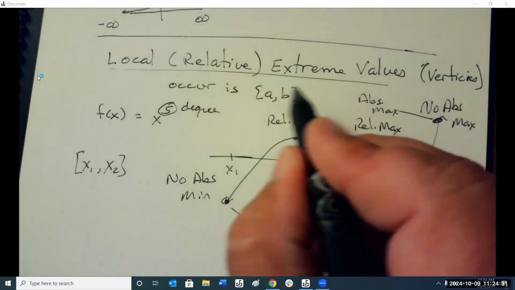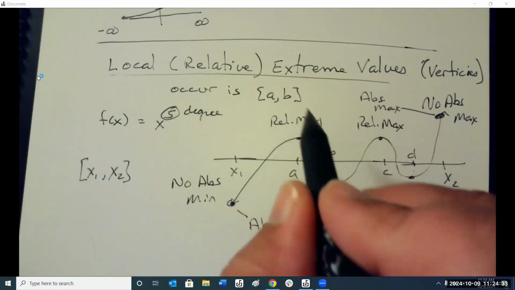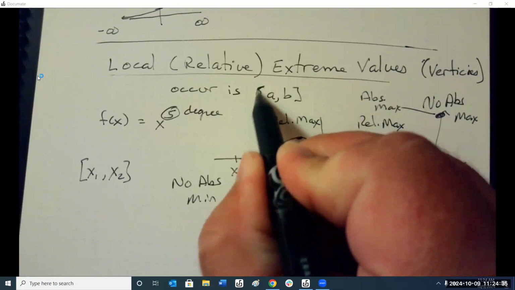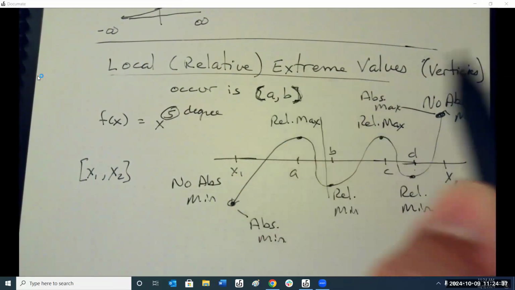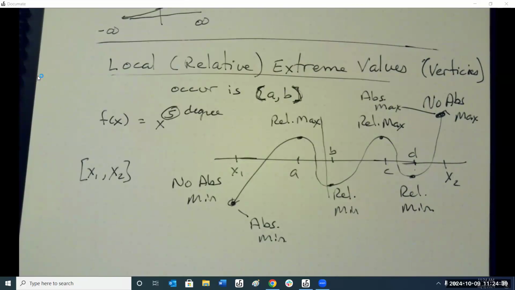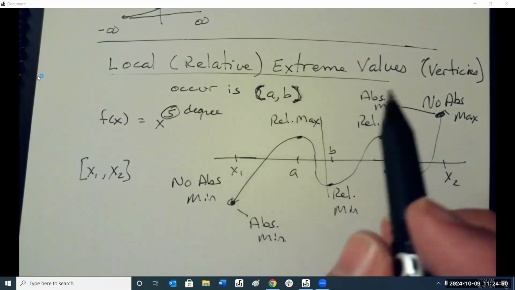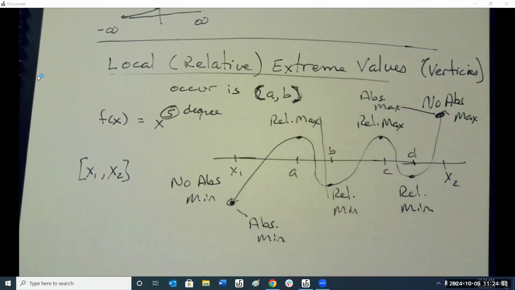Actually, for local extrema, whenever you have closed intervals, that means you have to look at the endpoints as well. But if you have an open interval, you don't have to worry about the endpoints because they won't exist. That way we can just look at that.